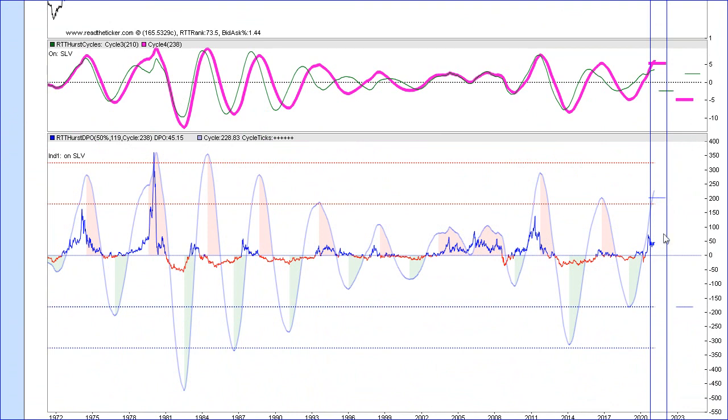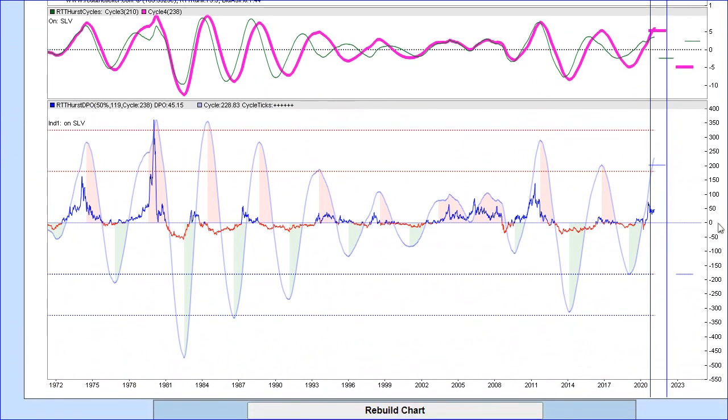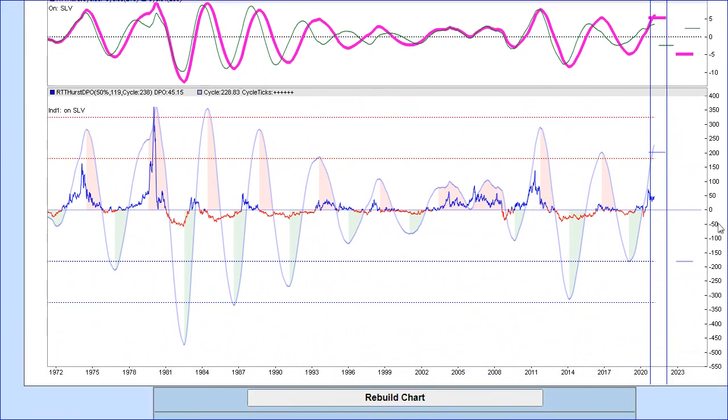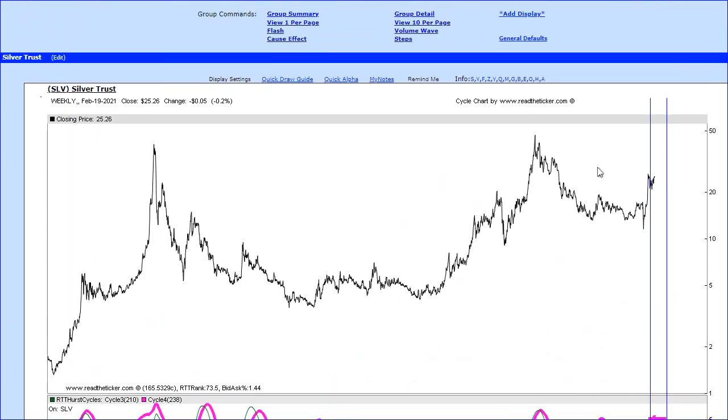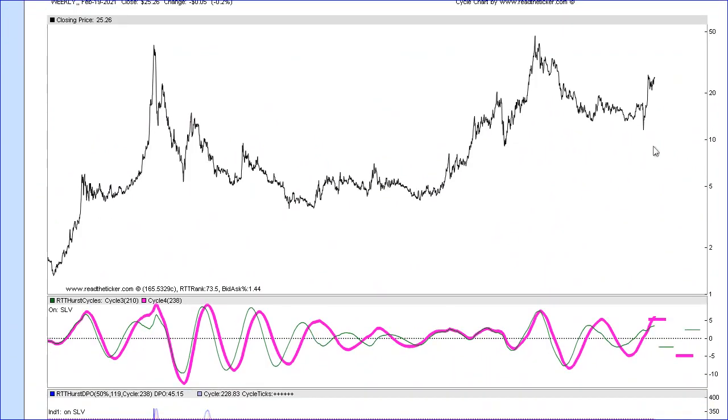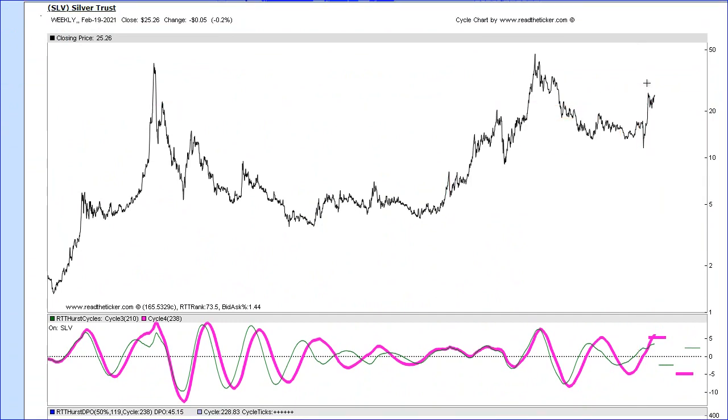Okay, just a graphical way of showing that if you're bullish and you like the bull cycle, like the fundamentals, like the demand and supply patterns, that this is a little bit more to go. Okay, so that's how we do cycle analysis at readtheticker.com.